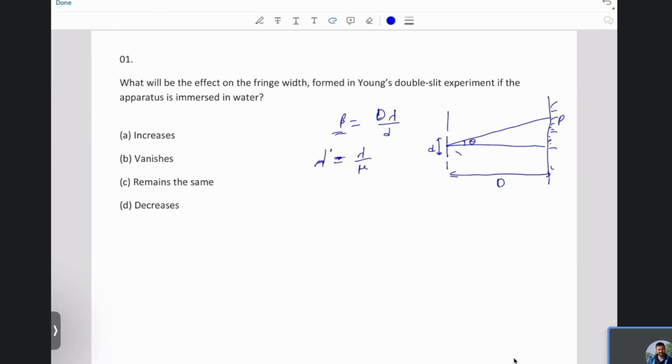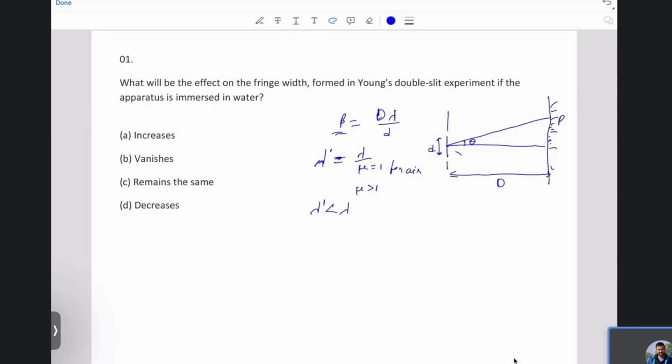So now, if you're immersing it in water, mu for air is 1, but for water mu is greater than 1. So the wavelength of light will be less than that of the wavelength of light in the air.